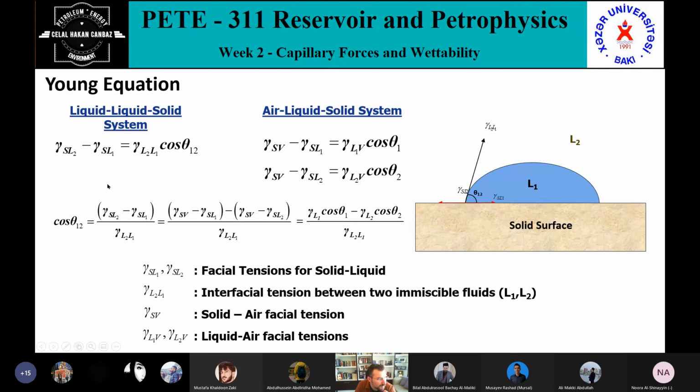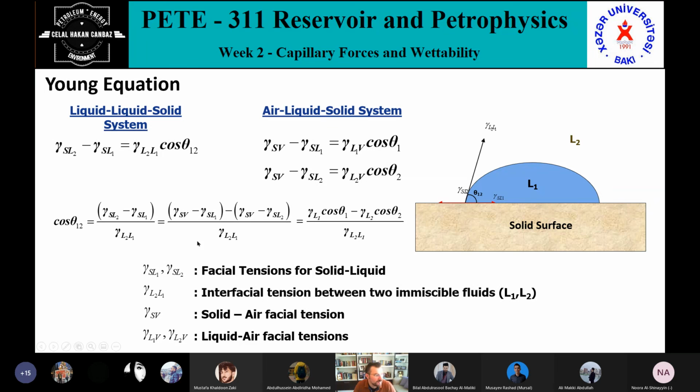So when I take my cos theta from this part as a function of cos theta 1 and cos theta 2, in other words, I am trying to describe a liquid solid system by using air liquid solid system results. I have two air liquid solid system results, and I want to make a calculation for the liquid solid system.